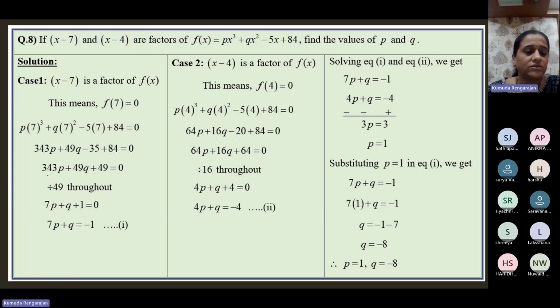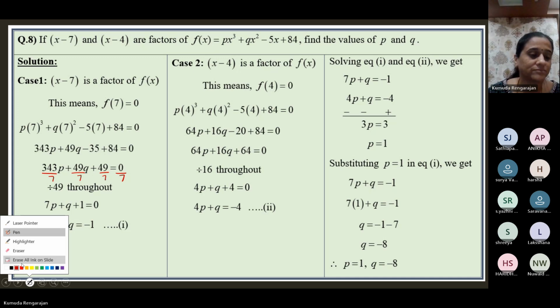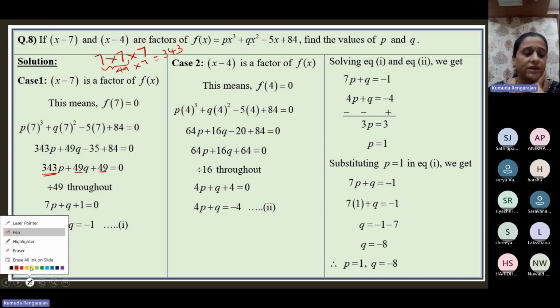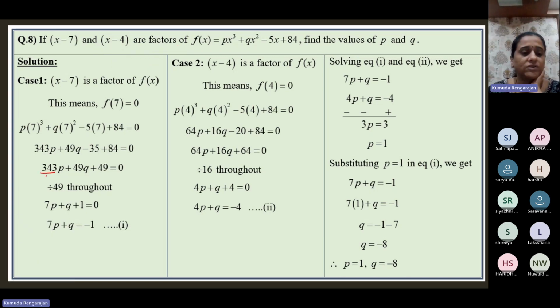So the coefficients are divisible by 49, because 7 into 7 is 49 and 49 into 7 is 343, children. All right, so you can divide this equation throughout by 49. So 343 by 49, 49 by 49, 49 by 49, and 0 by 49.